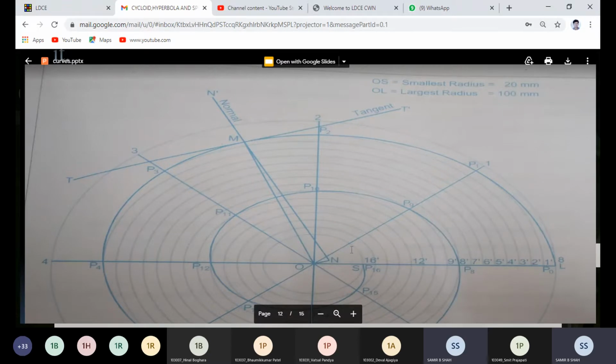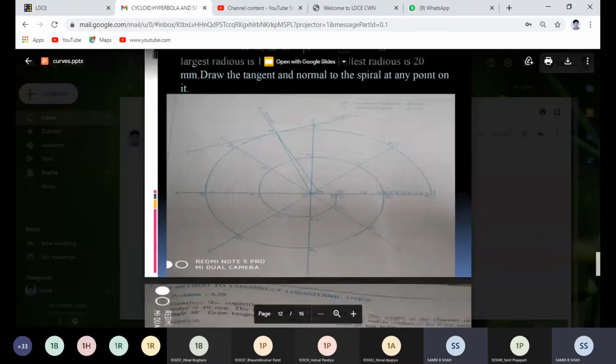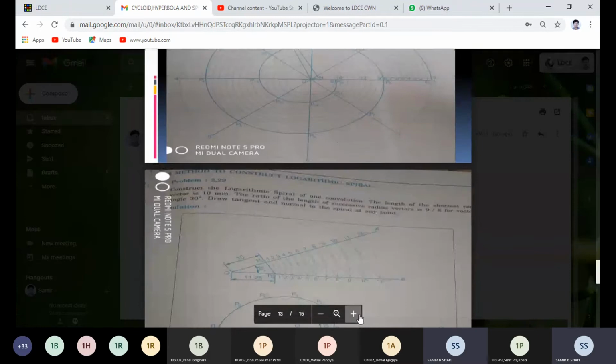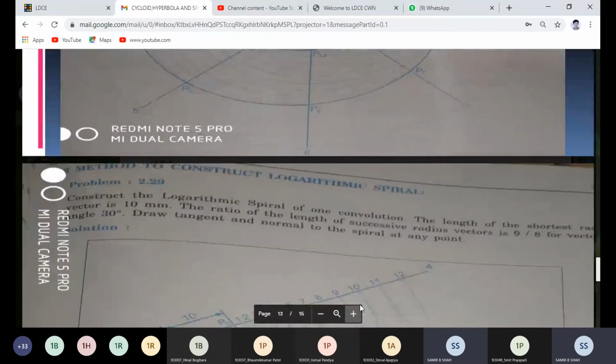Now, next one, very important for spiral, logarithmic spiral.